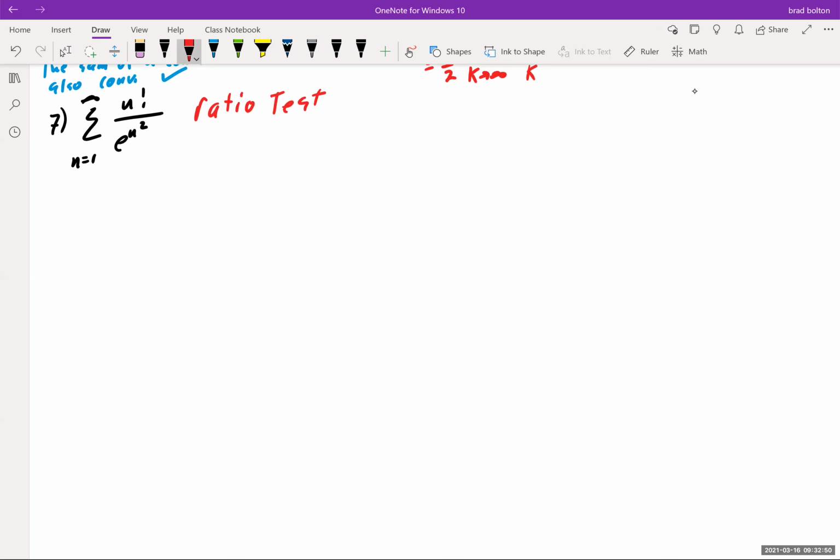So let's try this. Let's say limit as n approaches infinity of the absolute value of n plus 1 factorial divided by e to the n plus 1 squared, right? Times e to the n squared all over n factorial, okay?